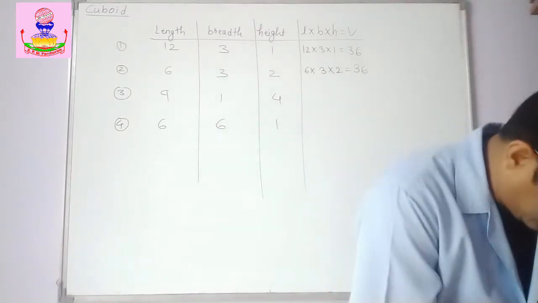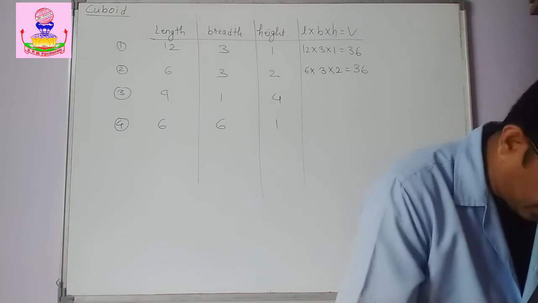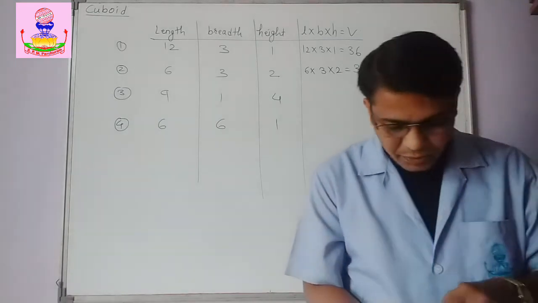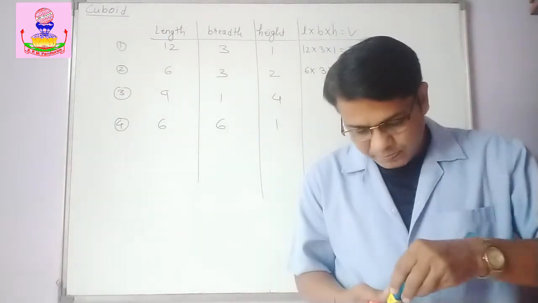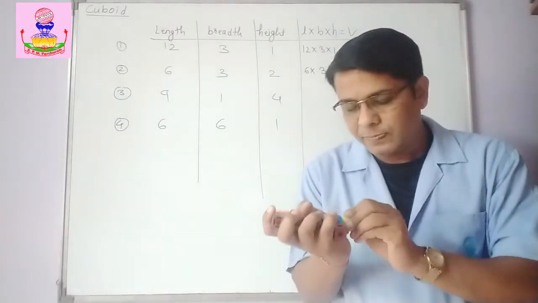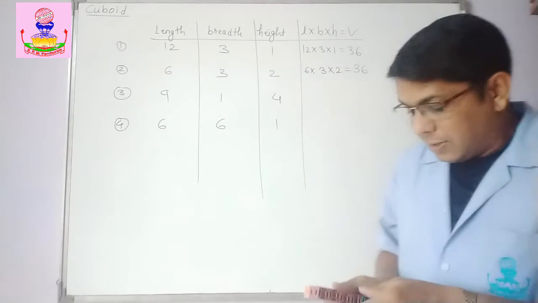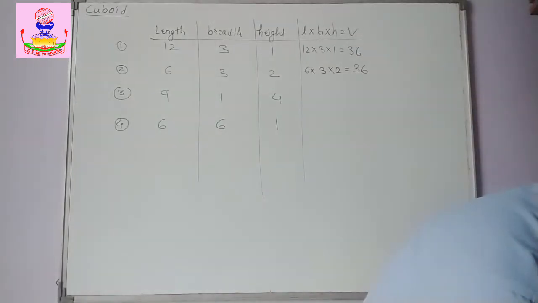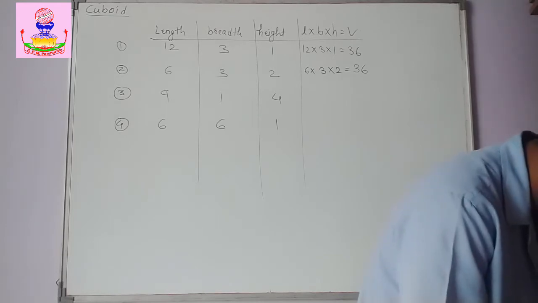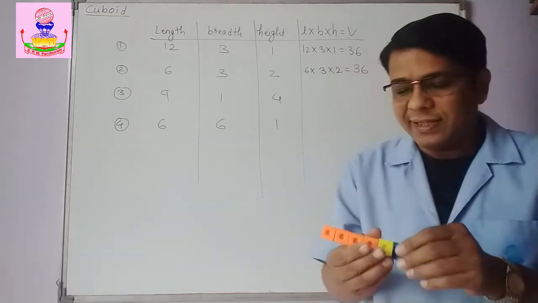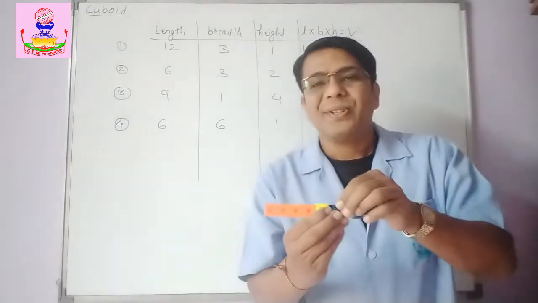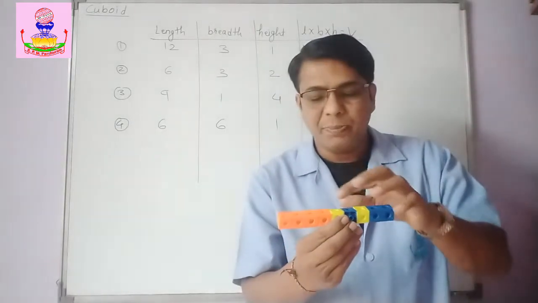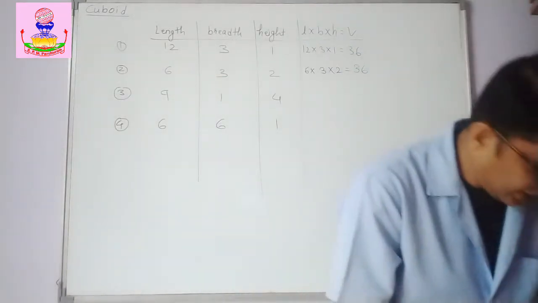Next is length is 9. Okay, so let us have length 9 now. So length is 9, breadth is 1, but height is 4. Now I have to arrange here: 3 plus 6 plus 3, 9. So height is 4.